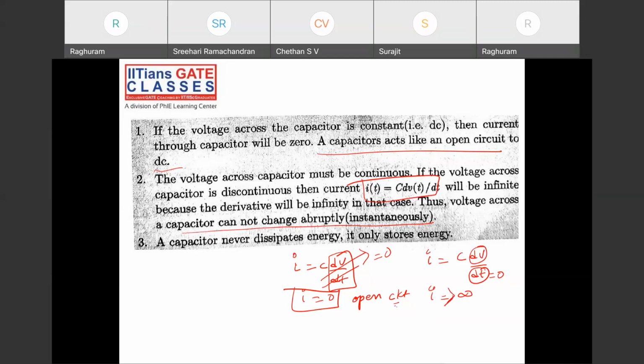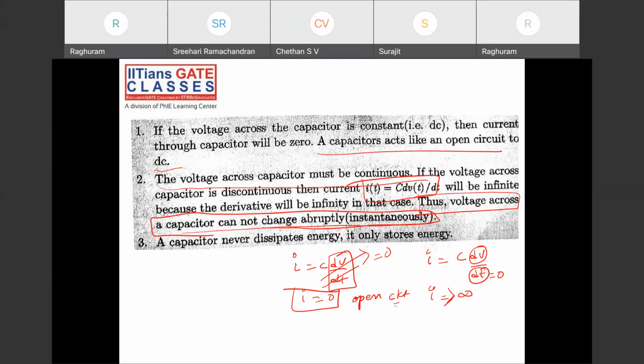So there will be infinite current, which cannot be possible. So the capacitor always opposes any sudden or instantaneous changes in voltage. That means voltage across the capacitor must always be continuous.